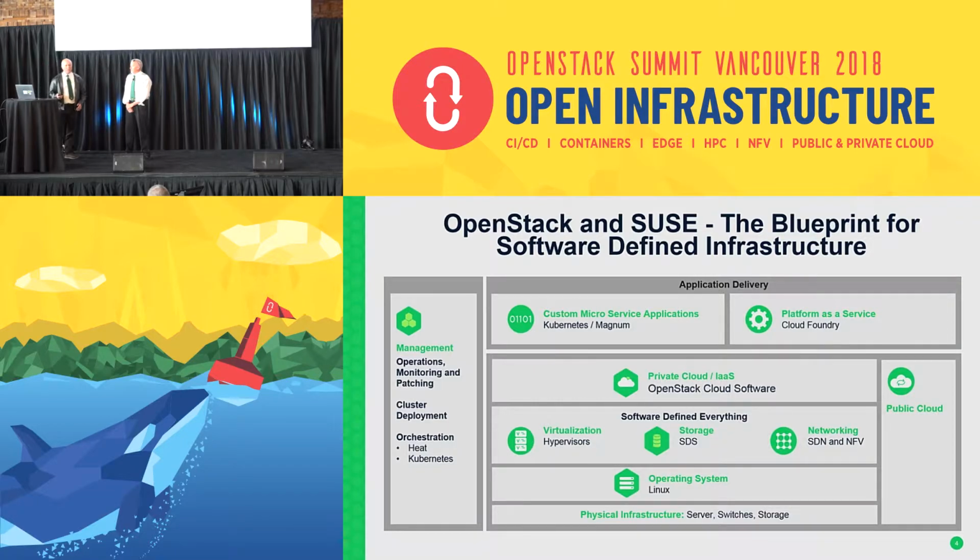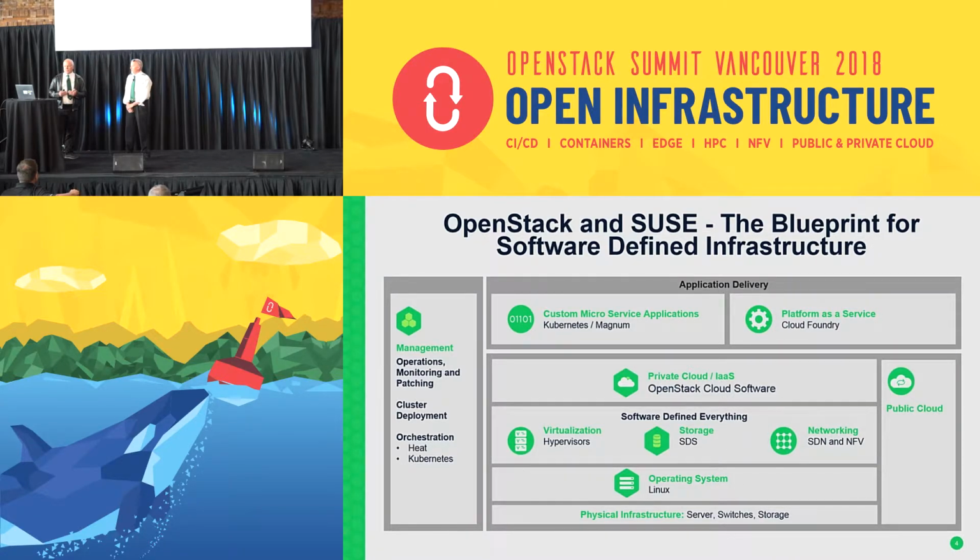So SUSE has a blueprint for software-defined infrastructure, and this is a picture of it. At the bottom, obviously we have Linux. We provide a Linux enterprise quality distribution that has very stable APIs, and we have the ability to virtualize the compute with the hypervisor, storage with software-defined storage, and networking with SDN and NFV, as well as the native capabilities within OpenStack.